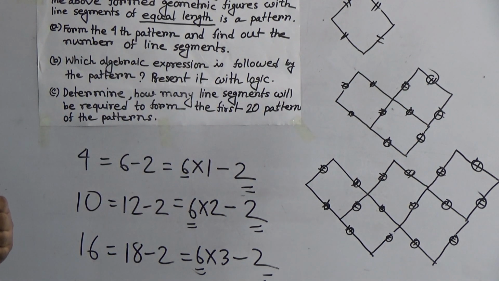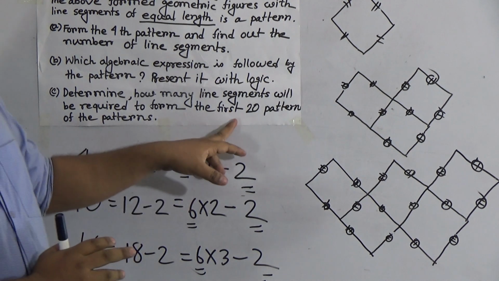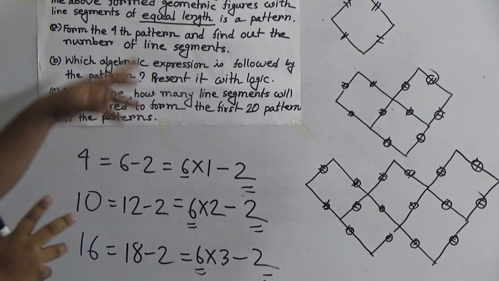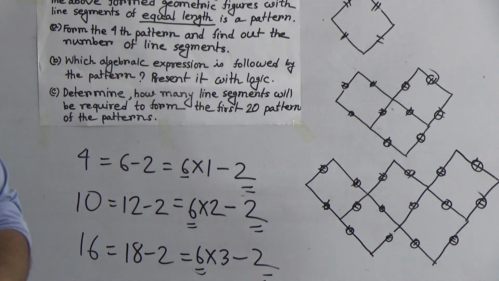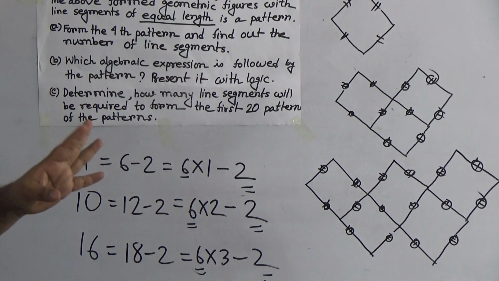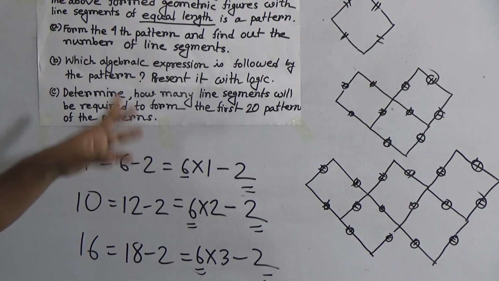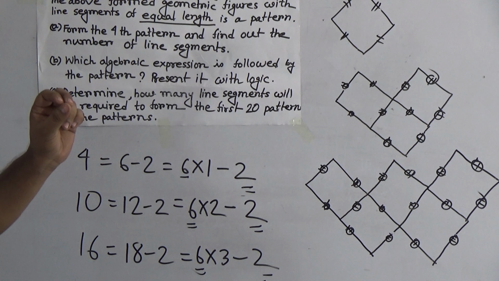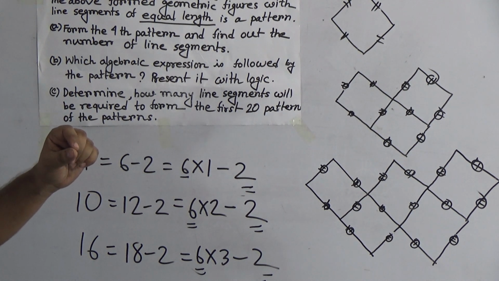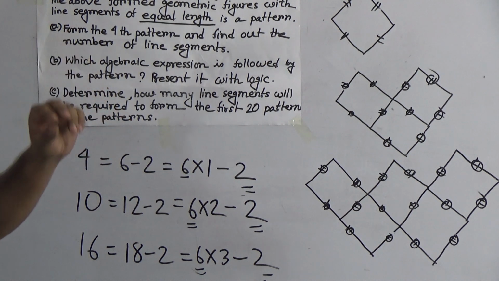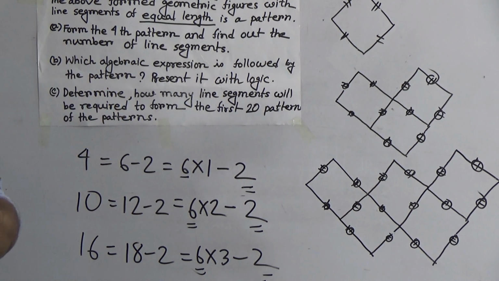To find the line segments of the 20th pattern, you need the formula of the algebraic expression which we have already found in question number B. In that expression we put the value of the variable. If the variable is n, then you put n equal to 20. After that you get the required number of line segments.